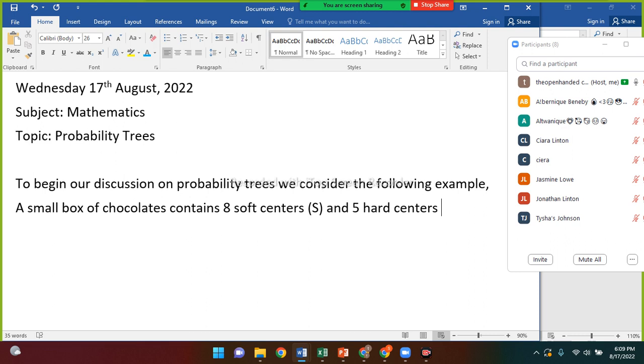How about you, Jasmine? Hard. Okay. And how about you, Albernique? You would say soft, okay. So whichever one you choose, you have these chocolates: one with hard center, which we denote with H, sorry, and the other one with soft center, which we denote as S.